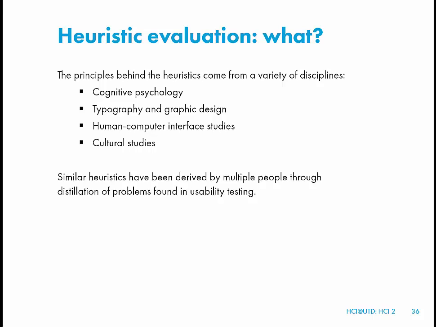Basically it was Nielsen and Molich saying, we went through hundreds of usability tests and we were able to distill common usability problems down to these 10 major types of errors that we saw over and over and over, and these form the basis of our heuristics. And those are 10 of the heuristics we still use today. Since then, several other people have proposed different lists of heuristics. Most of them are fairly similar in nature.